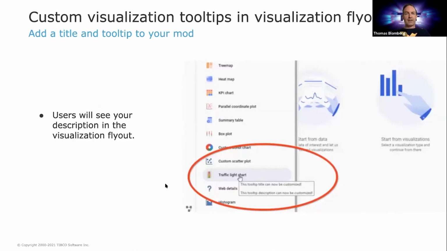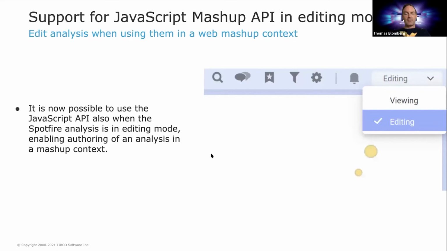You can also add custom tooltips to the flyout. So if you have the visualization flyout and you have your mod, you can add a tooltip to tell your users more about your mod. The JavaScript Mashup API now supports editing mode. So if you have embedded Spotfire in another application, maybe in Salesforce, maybe somewhere else, displaying Spotfire content visualizations in another web-based application, you can enable Spotfire in editing mode.